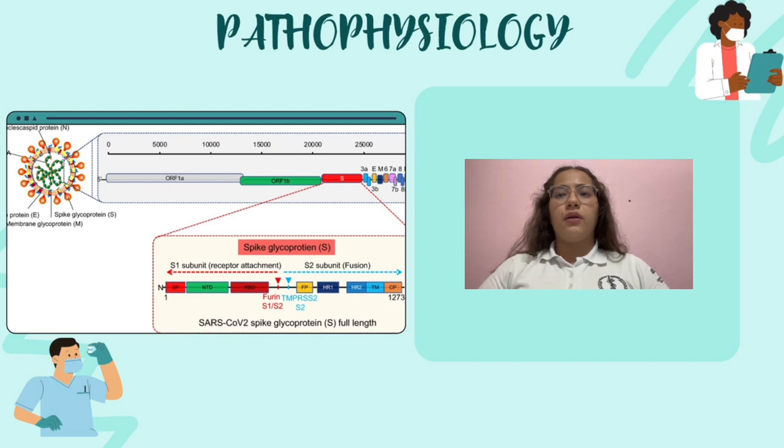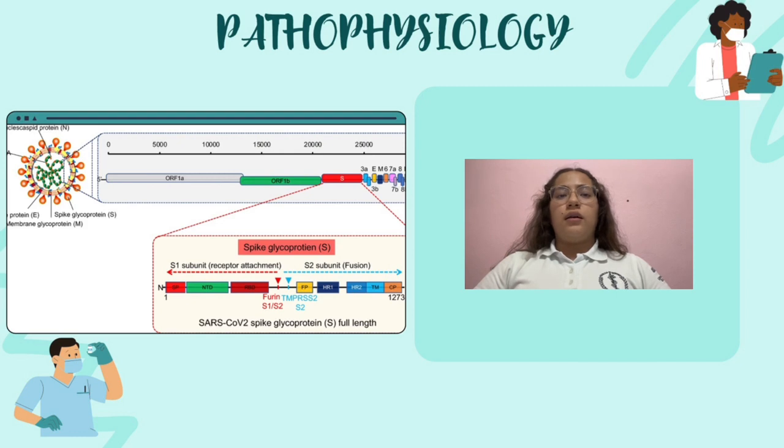The spike proteins of SARS-CoV-2 contain 2 subunits: subunit S1, the receptor binding subunit, and subunit S2, the fusion subunit, to mediate the viral binding to receptor protein and initiate membrane fusion.